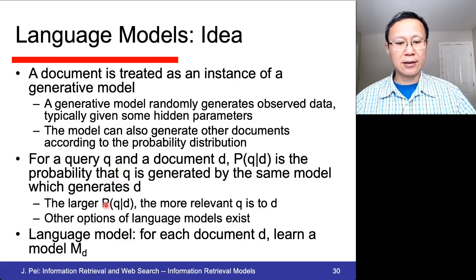As we can see, the larger the probability of Q conditional on D, the more relevant Q is with D. There are some other options of language models available. We'll discuss some of them later at the end of this part. So a language model essentially is that for each document D, we try to learn a model M_D that will generate the documents similar to D.